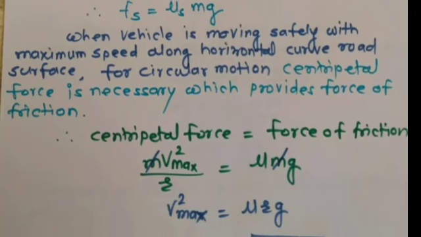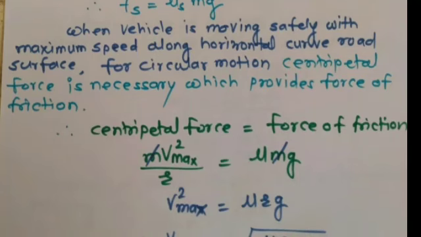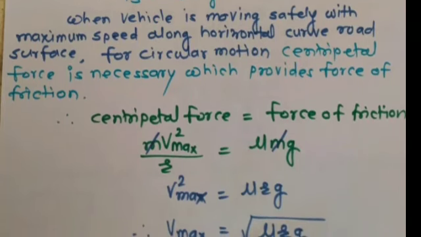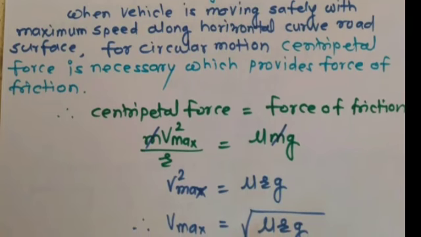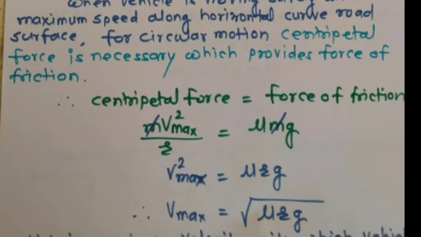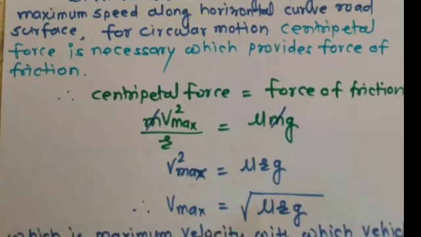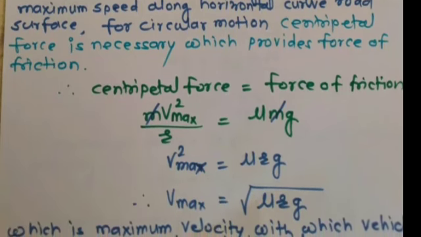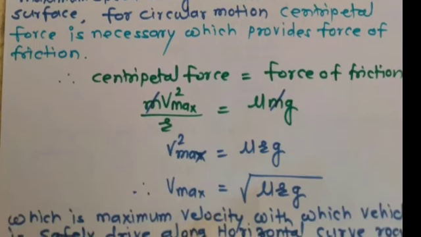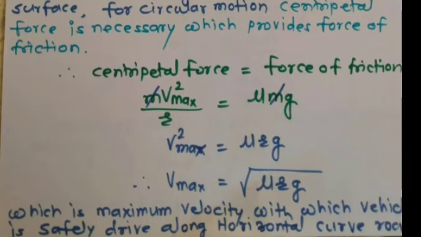So, v square maximum is equal to mu r g. Take square root on both sides. Therefore, v maximum is equal to square root of mu r g, which is the maximum velocity with which a vehicle can safely drive along a horizontal curved road.